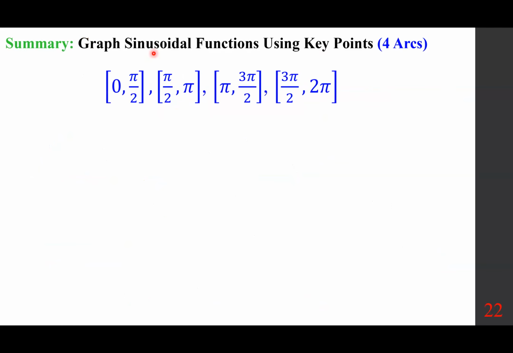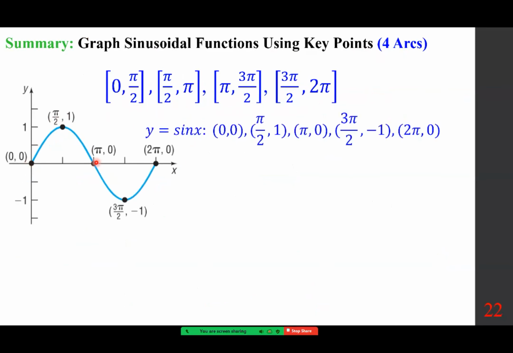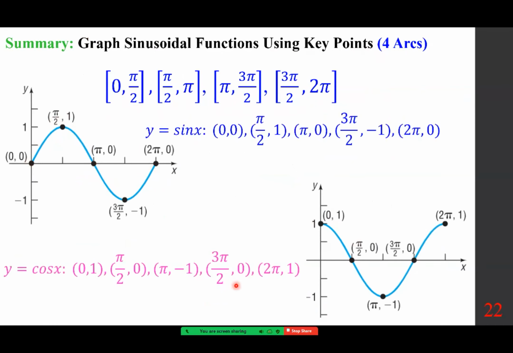If you want to graph a sinusoidal function using key points, for the four arcs, cut the basic function into 4 equal sub-intervals: from 0 to pi over 2, pi over 2 to pi, pi to 3 pi over 2, 3 pi over 2 to 2 pi, and find the endpoints for sine or cosine, and those are the graphs for the basic sine and cosine functions. And of course, you may have to change it when it gets a little bit more involved.